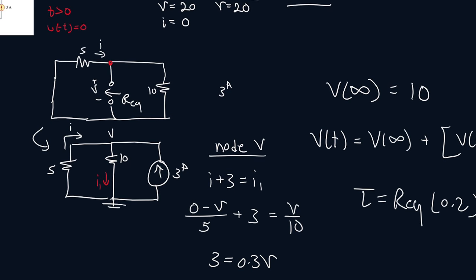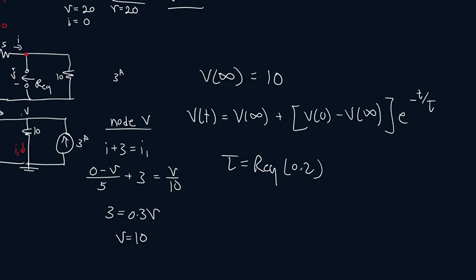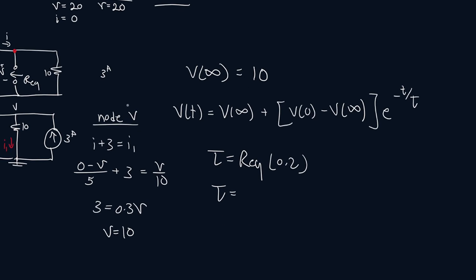And these two are in parallel because they share both the same nodes. So it'll be (1 over 5 plus 1 over 10) to the power of minus 1. So the equivalent resistance is 3.333, times 0.2, or just 1 over 3 times 0.2. So our time constant will be 2 over 3 seconds.